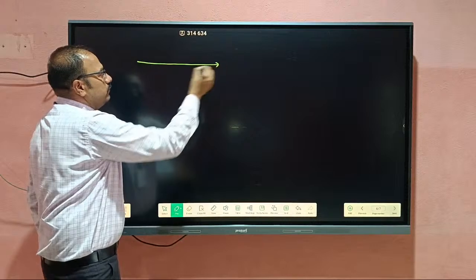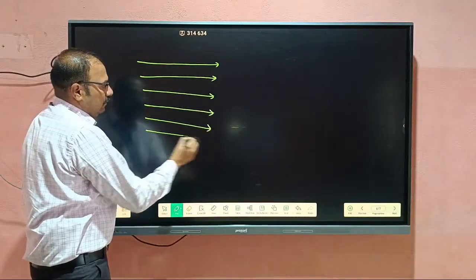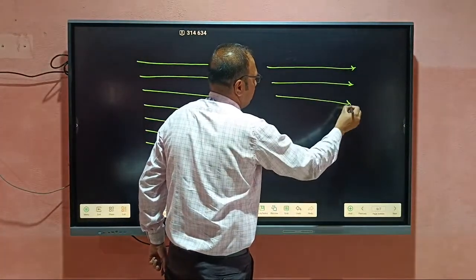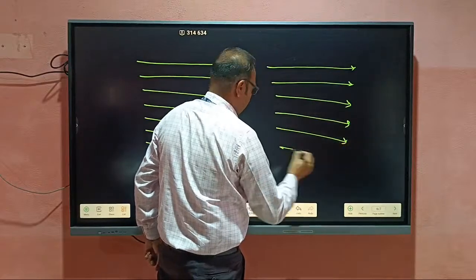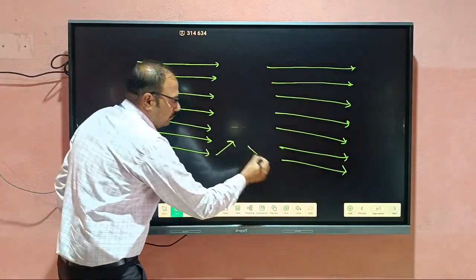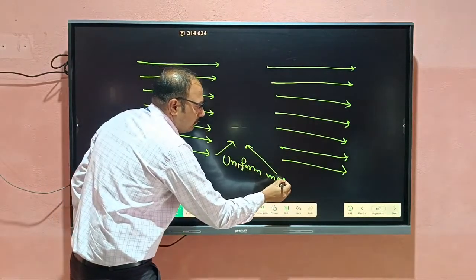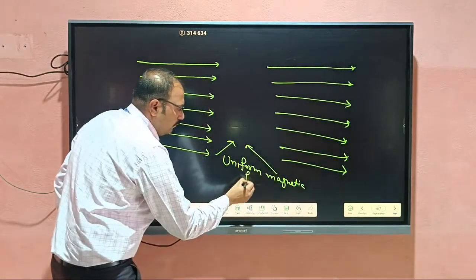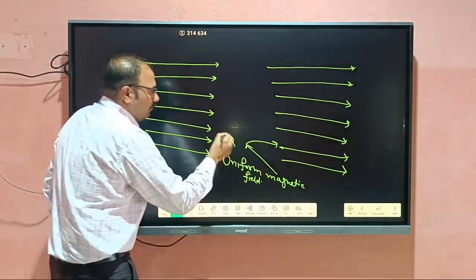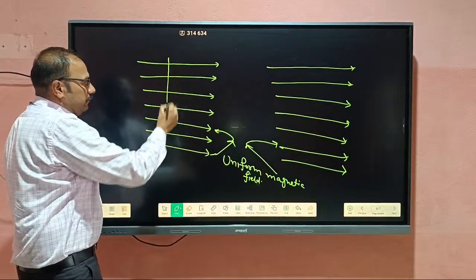This is the magnetic field, a uniform magnetic field, and we place a conductor.